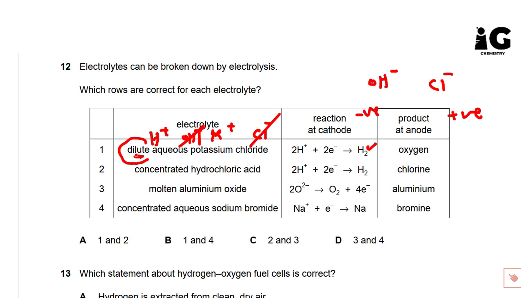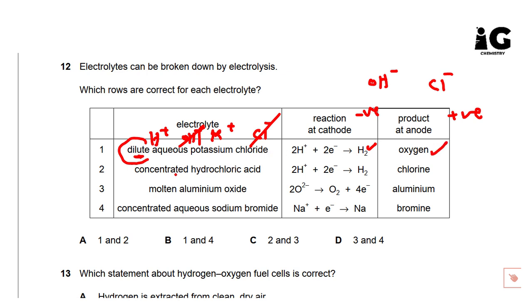We have a rule, please never forget it. If it's a dilute solution, oxygen is going to be formed all the time. Chlorine, in the case of chloride, can be formed only if the solution is concentrated. So oxygen is going to be formed in the case of dilute, so this is completely true.